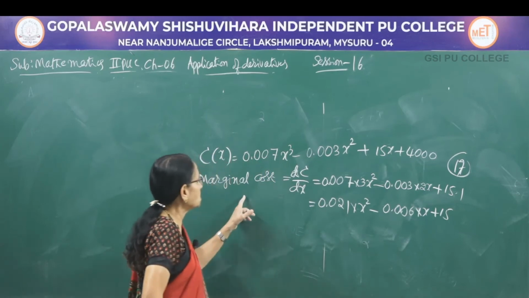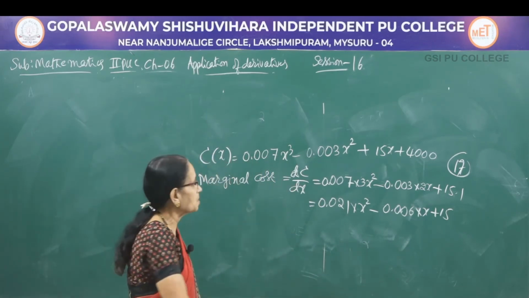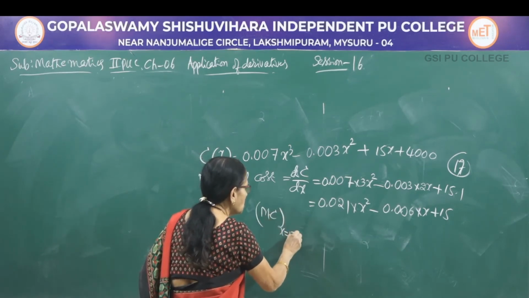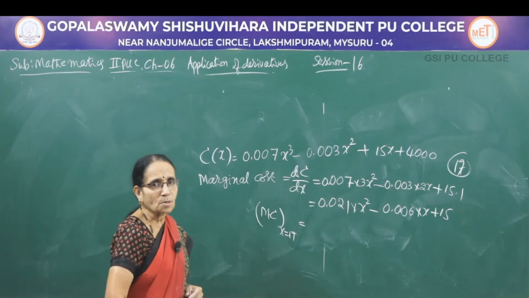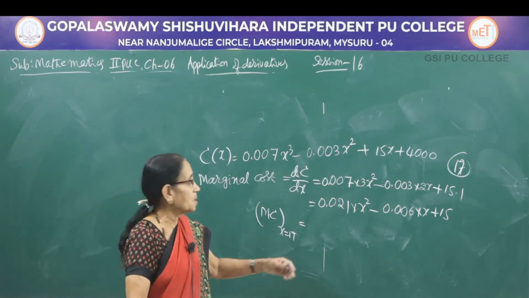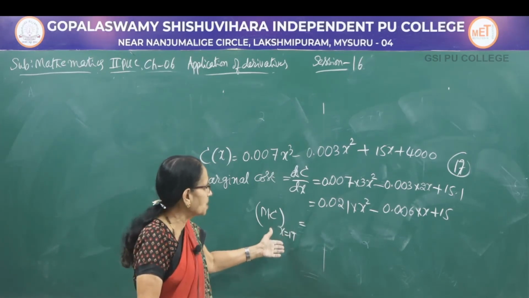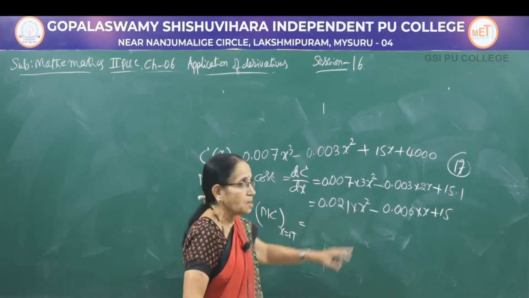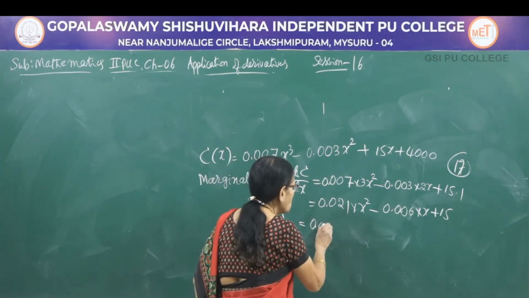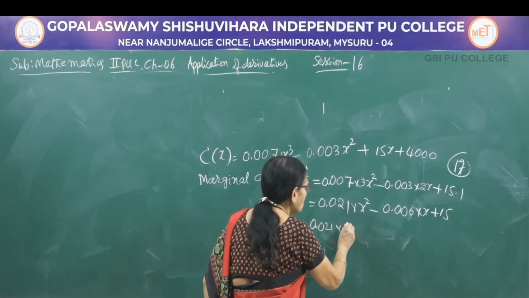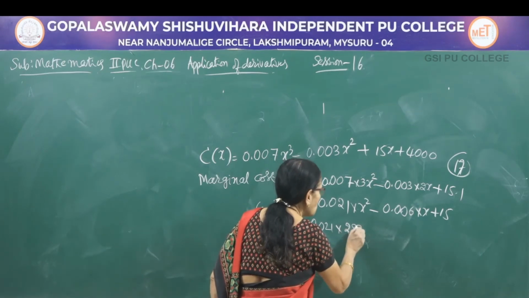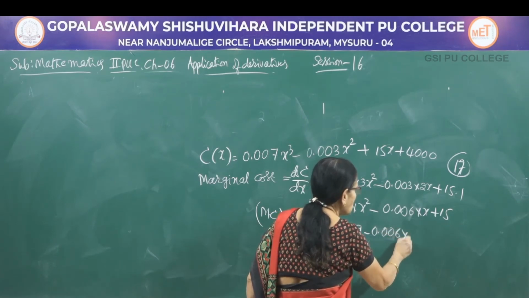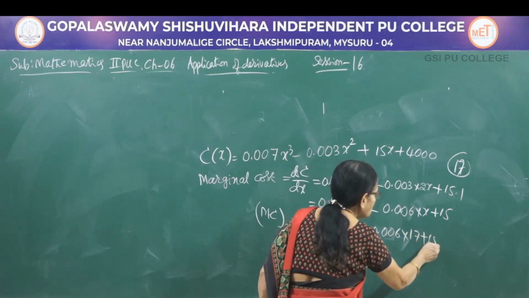Now we have to get the marginal cost when x is equal to 17. Like we calculate dy by dx when x is equal to 4 or something, in the same way you write marginal cost at x equal to 17. Wherever x is there, write the value 17. 0.021 into 17 square, that is 289, minus 0.006 into 17 plus 15.